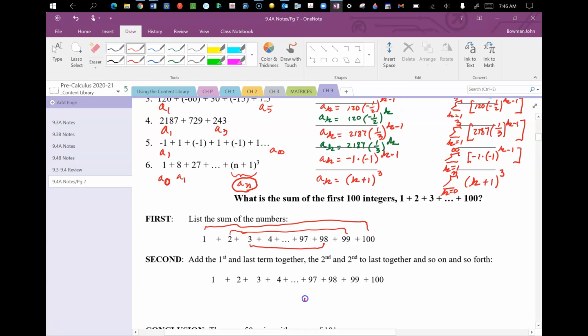So you could say, oh, 50 times 101 is the sum. We'll write it like this, summation of k equal 1 to 100 of a sub k, and our explicit rule in this case would be k equal 1 to 100 of k. It's that simple.